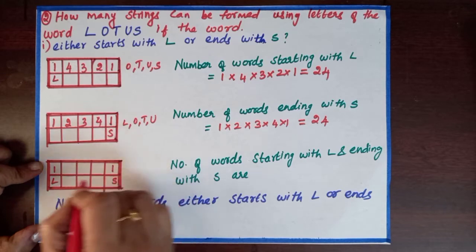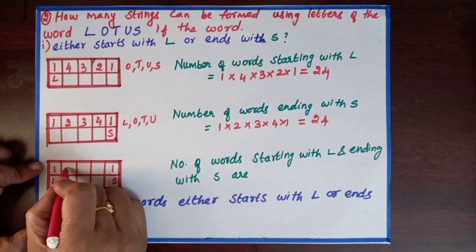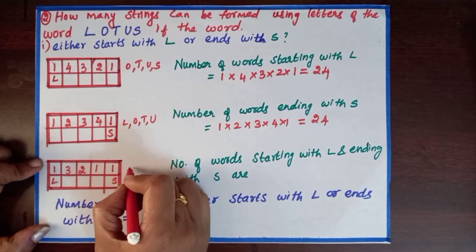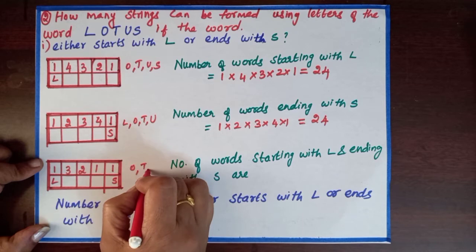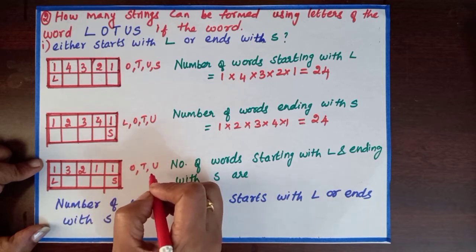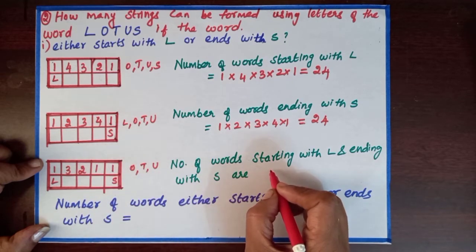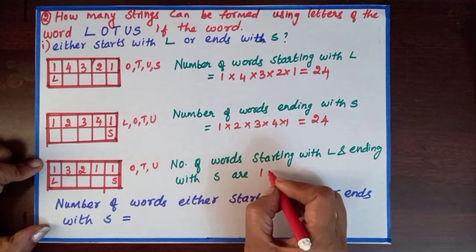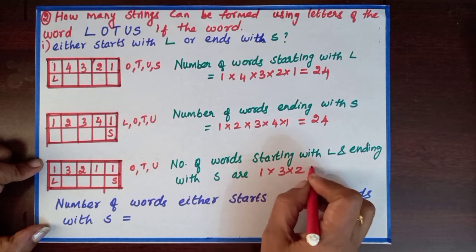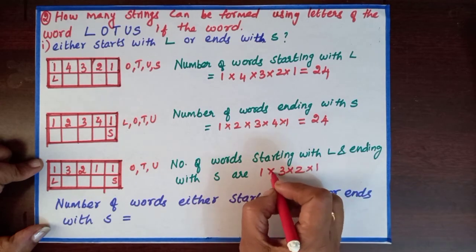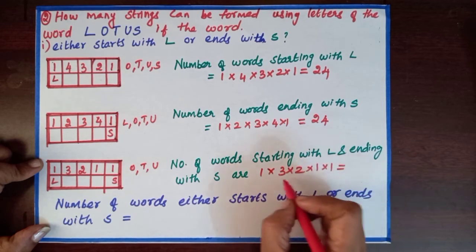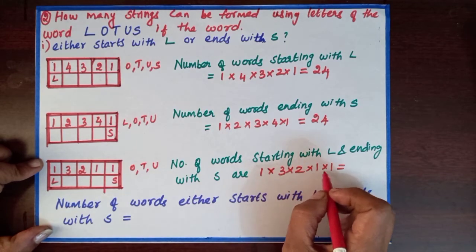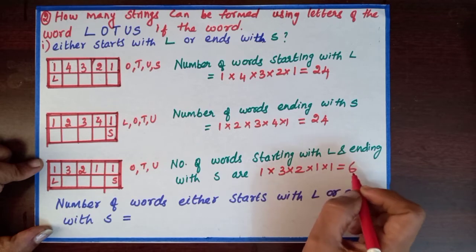The remaining 3 boxes can be filled in 3, 2, 1 ways by the remaining letters O, T, U. Therefore, the number of words starting with L and ending with S is 1 into 3 into 2 into 1 into 1, which is equal to 1 3s are 3, 3 2s are 6, 6 into 1 is 6.